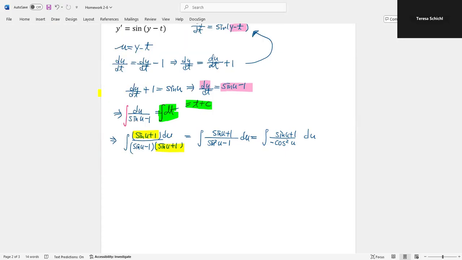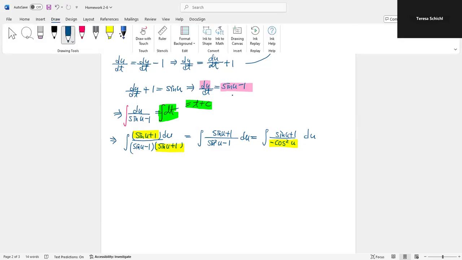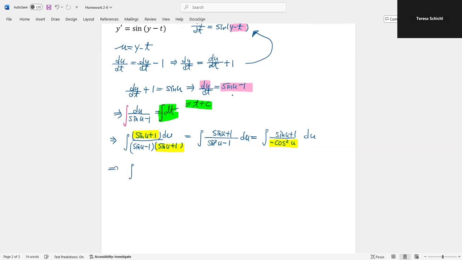The reason I multiplied by this is that I want to use the sine-cosine Pythagorean identity, so I will be able to have only one term in the denominator. And because the denominator is one term and the numerator is two, I will be able to separate this as negative sine u over cosine squared u du, then minus 1 over cosine squared u du.